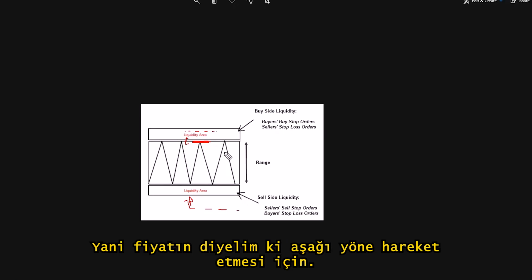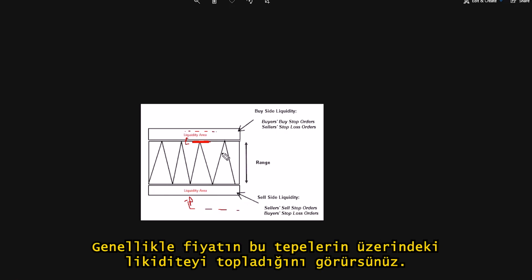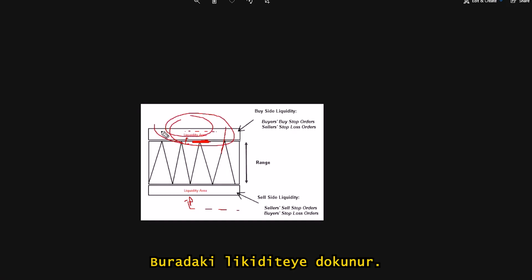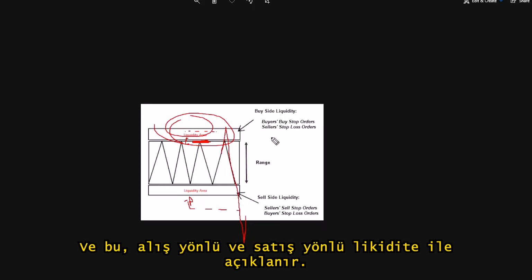So for price to move to the downside, typically you'll see price running liquidity above these highs, tapping into the liquidity that lies above here, and then price will shoot to the downside.